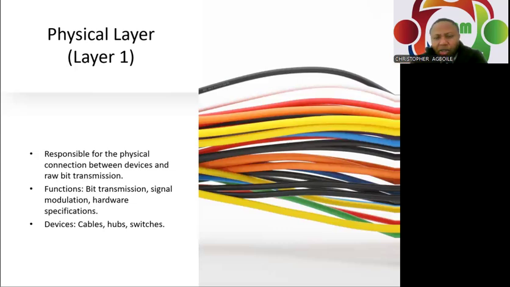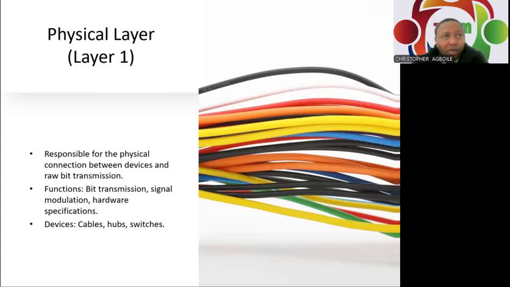and the signal synchronization. So the devices that are responsible here that can be connected on this level are the network cables, the switches, the hubs, and even the repeater. The repeater, you know, is used for extending networks. An example of this is what we call Ethernet cables for transmitting data.